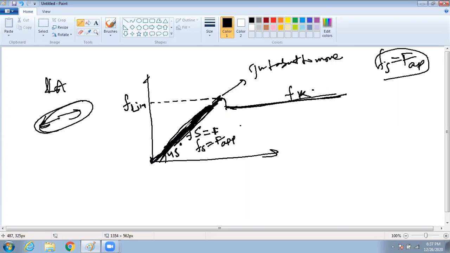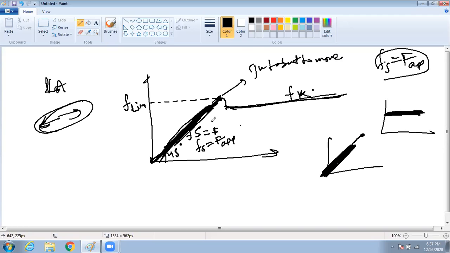Now, what do you mean by this? It means your static friction is varying. It is increasing, and here it is maximum. But whenever you draw a graph like this, it means it is a constant.